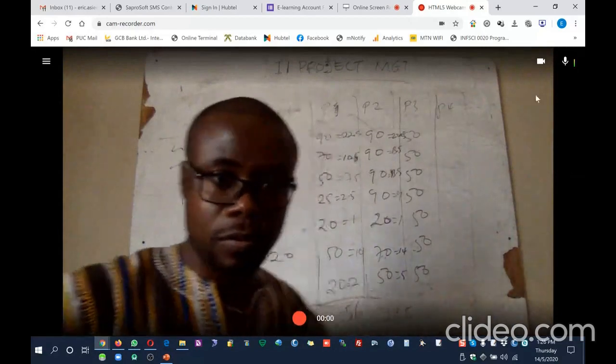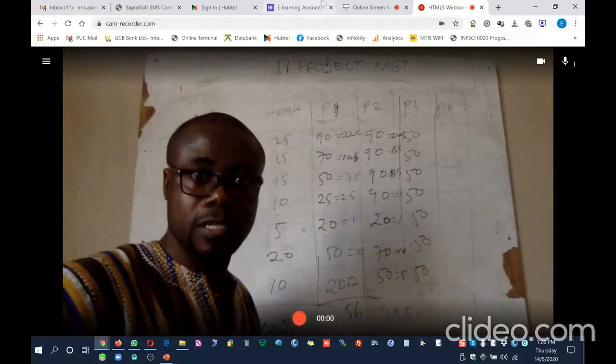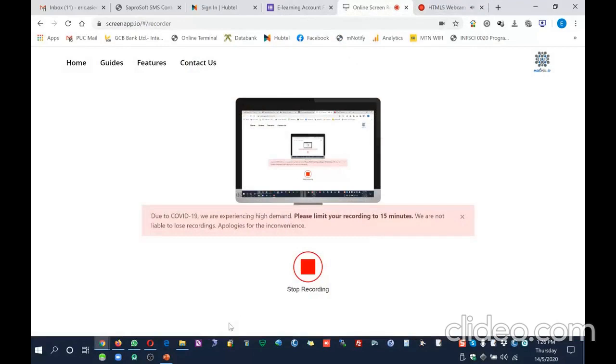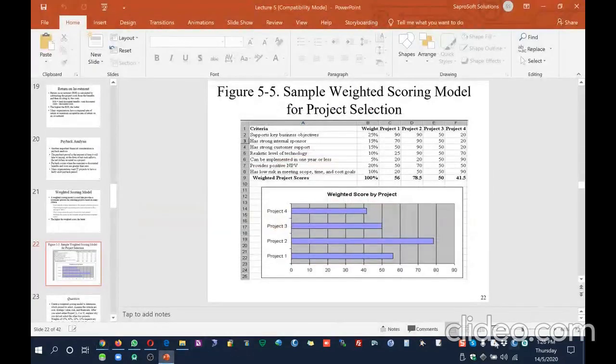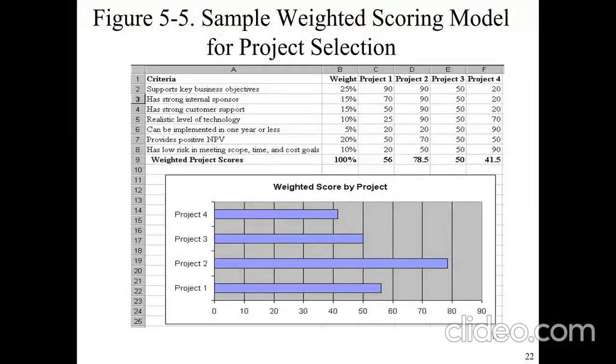Okay, so now let's go back to the chart and see what we have. From the chart, as you can see here, we got 56 for project 1 and 78.5 for project 2. And that is exactly what this slide is showing us.